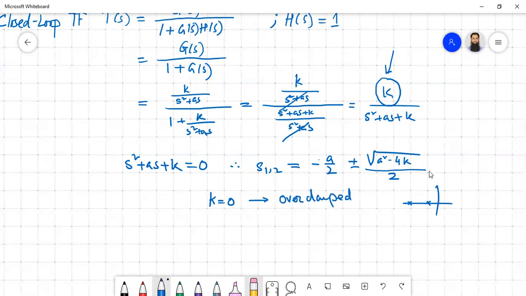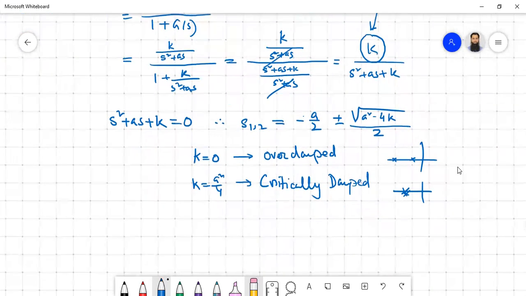So that actually gives you the over damped response. And now if a squared is equal to 4K, that means K equals a squared by 4. In this scenario, both roots are at the same location, so we find the critically damped condition.